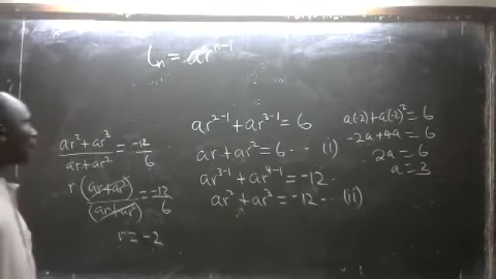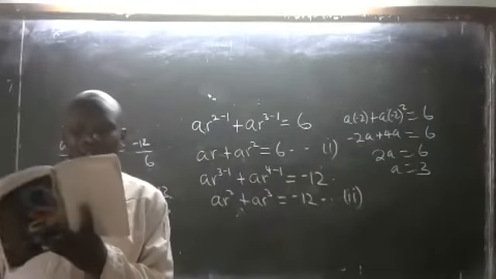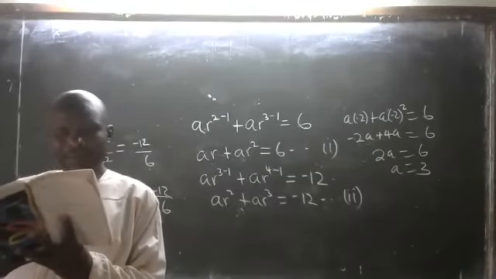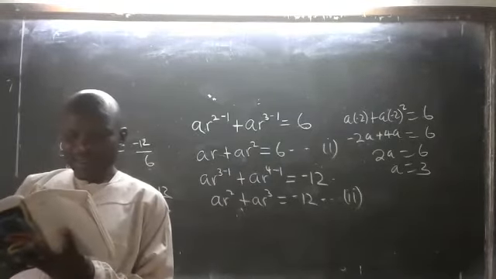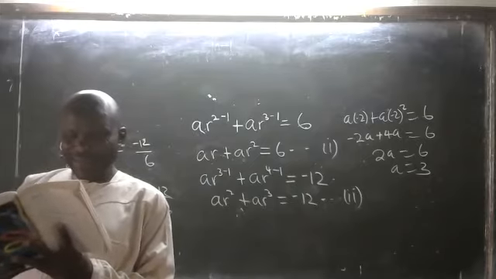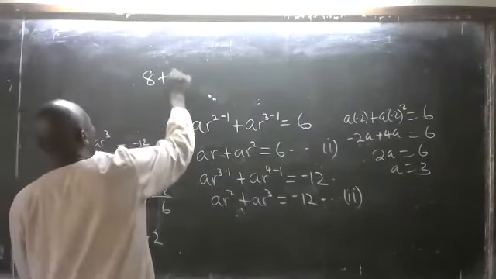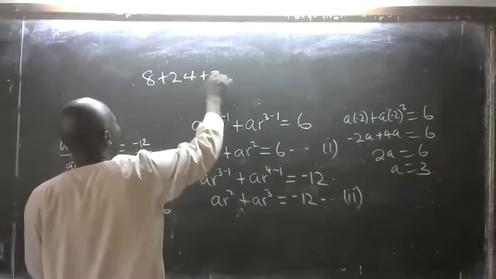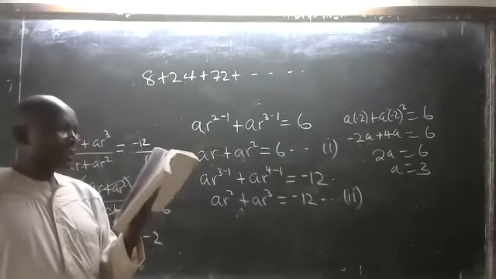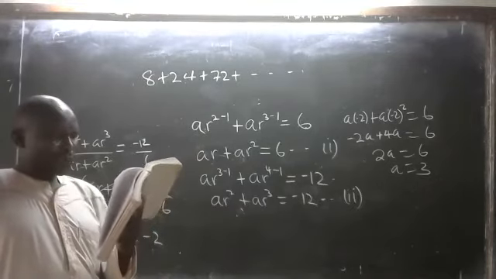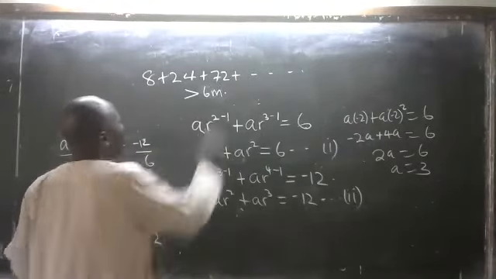What is the smallest number of terms of the GP 8 plus 24 plus 72 that will give a total greater than 6 million?